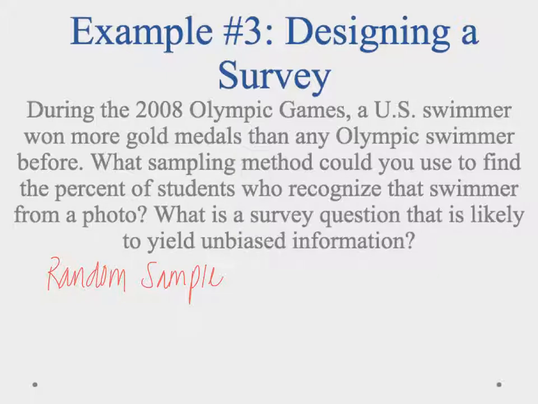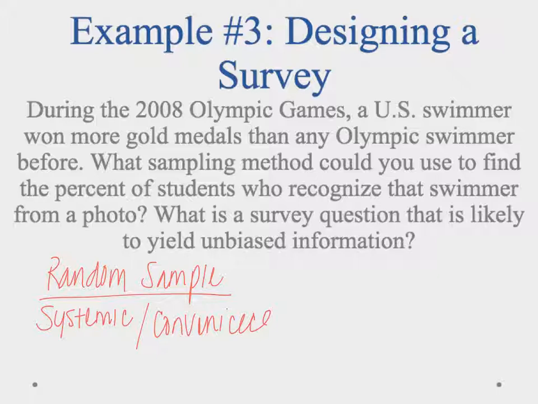It may actually also be convenience. You can ask, for example, every 10th person that enters the building. So it's convenience because they're all entering the building and you're just standing there, but it's systemic because you're asking every 10th person.